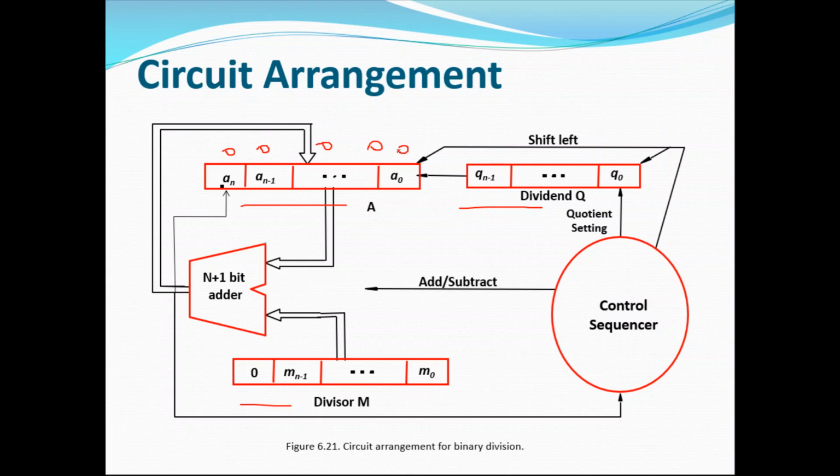So these are the steps. The first step is, A contains 0 and Q contains the dividend. Just left shift the content of A. Why are we left shifting?